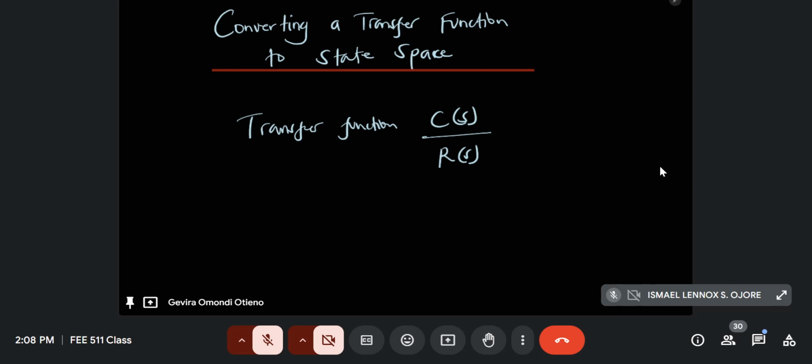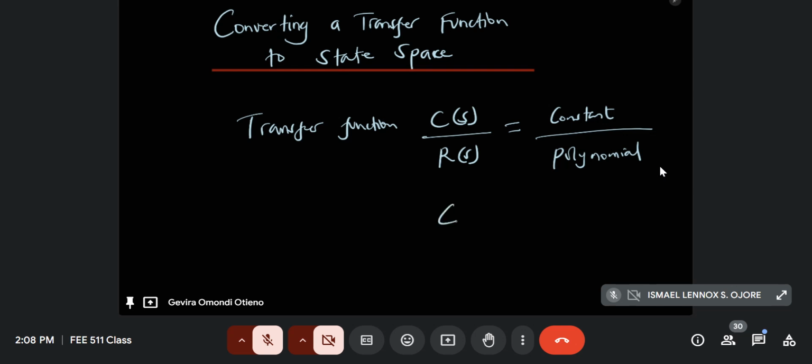There are two types of transfer functions that can be converted into state space representation, but each one has its own way. That's why we have to know which types of transfer functions you're dealing with. The first transfer function is one in which the numerator term is a constant and the denominator term is, of course, a polynomial.